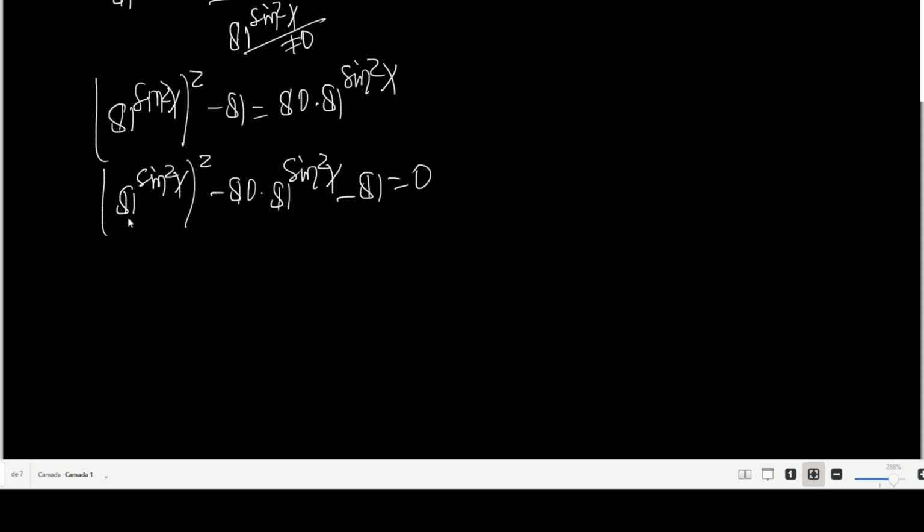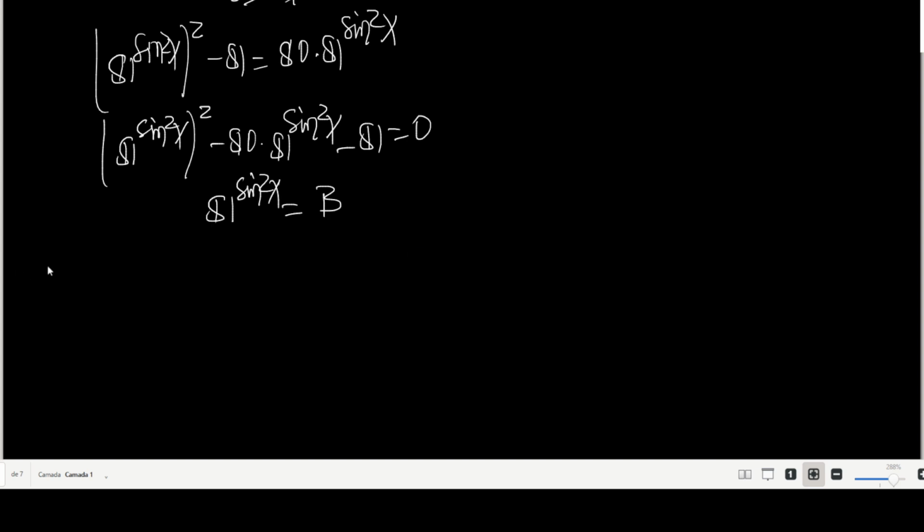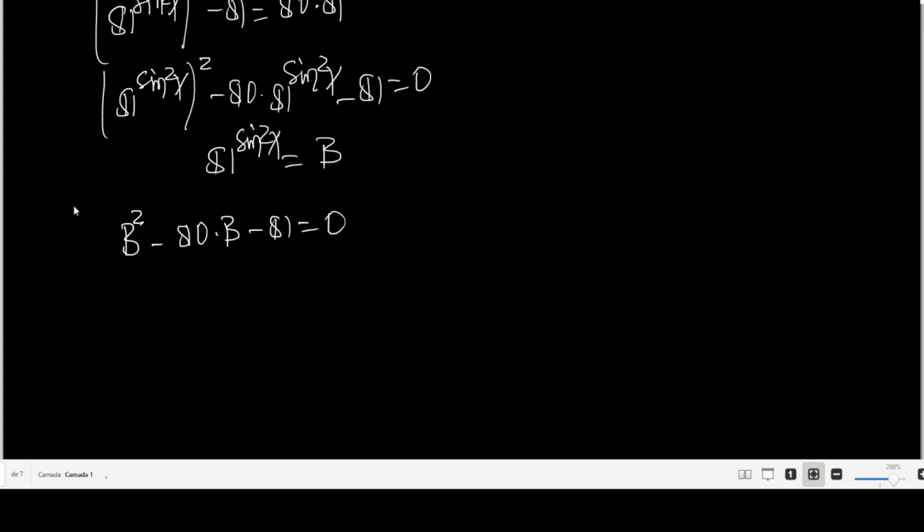Now let's say that 81 to the power sin square of x is equal to b. So we have b squared minus 80b minus 81 equals 0. This is a second degree equation.